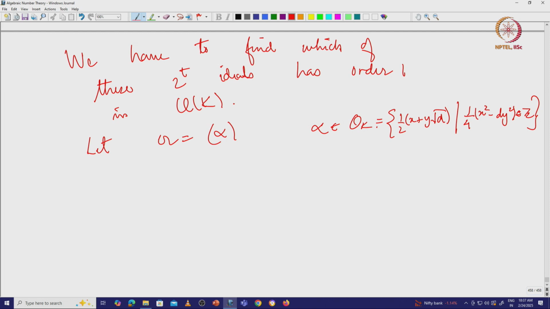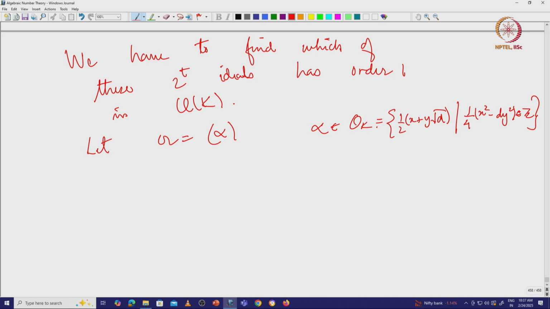Well, this all depends on the parity of d. If d is odd, then d is 1 mod 4 and your K is Q of square root of d, in which case you know that 1 and (1 plus square root of d)/2 is a basis, and so you can write everything in this way.